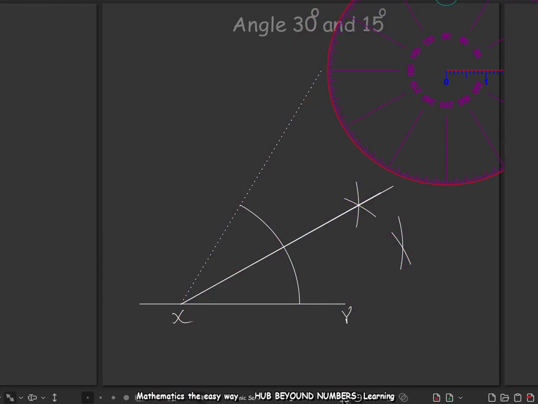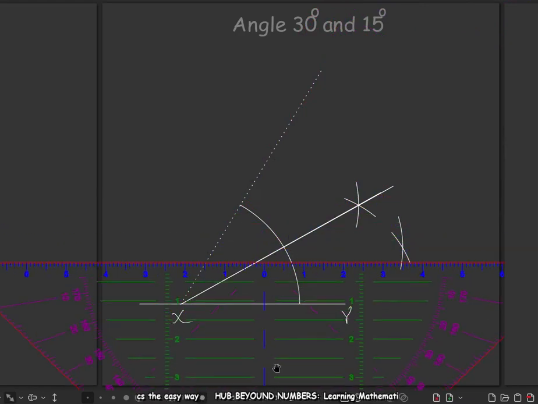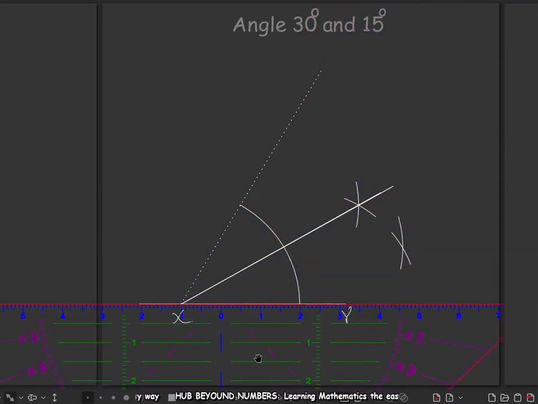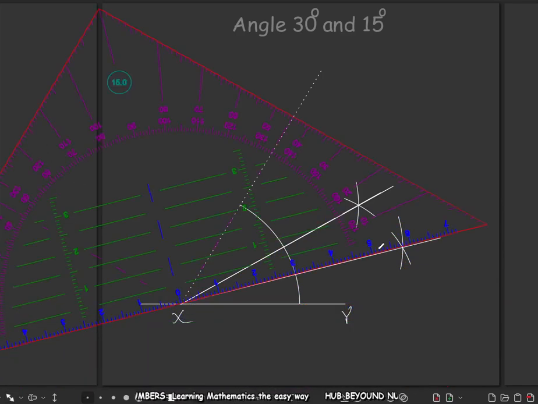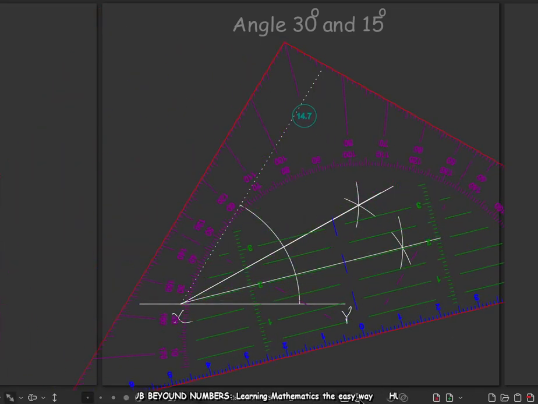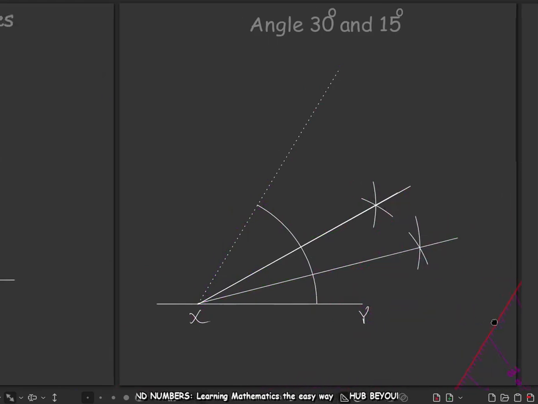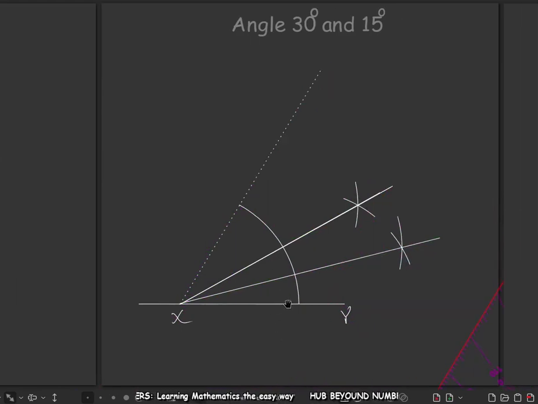So you now align your ruler so you are able to draw your line perfectly. So I'll align my ruler, and as you can see, I have drawn a straight line here through my point of intersection from the point X. And if I take away my ruler now, you would see the line drawn nicely over there.